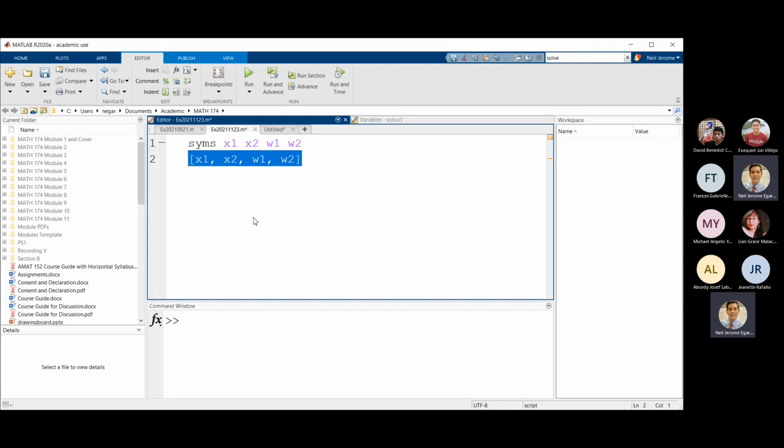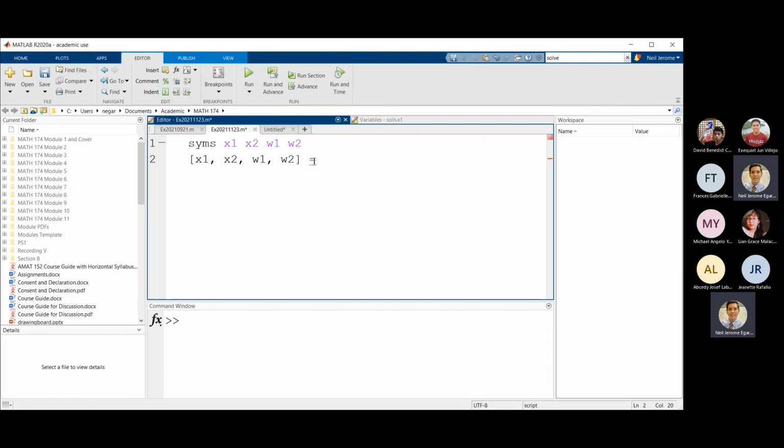So, ilagay nyo sa loob ng isang vector lahat ng variables na pinapasolve nyo kay MATLAB. Okay? Tapos, paano natin sasabihan si MATLAB na isolve ito? Lagyan ng equals. Okay? Para i-assign niya itong vector na to consisting of x1, x2, w1, and w2 to be the result of the following calculations na nandun sa kanan ng equal sign.